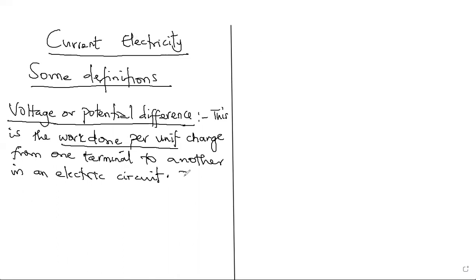It is measured in volts. So that means the unit is volts, small letter v. The voltage itself is denoted as capital letter V, but it is measured in volts, small letter v.